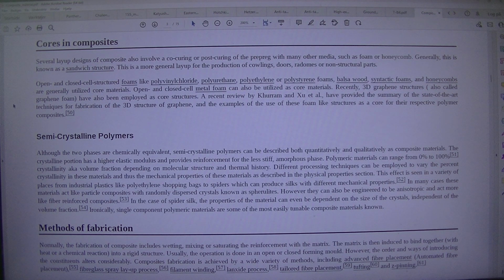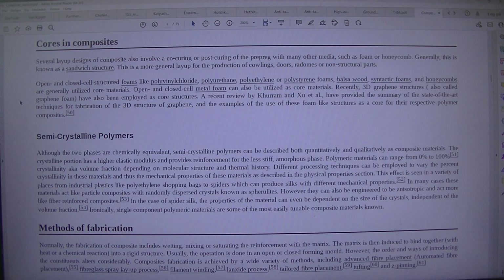Open and closed cell structured foams like polyvinyl chloride, polyurethane, polyethylene or polystyrene foams, balsa wood, syntactic foams, and honeycombs are generally utilized core materials. Open and closed cell metal foam can also be utilized as core materials.